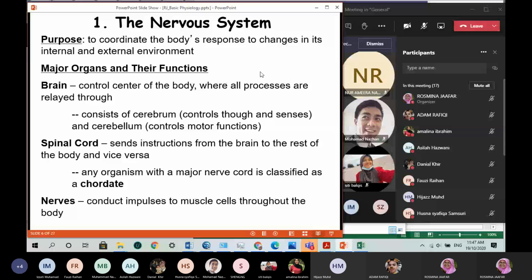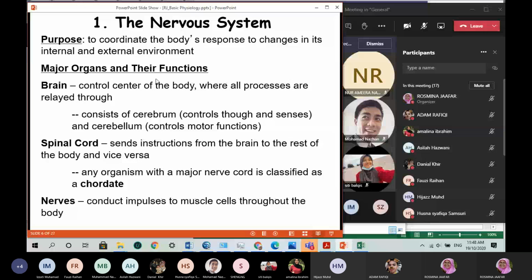I think students who have taken science in high school, you have learned about the body systems. But of course, it's not in depth. You just touch on the basics. So the nervous system, the purpose is to coordinate the body's response to change in its internal and external environment.